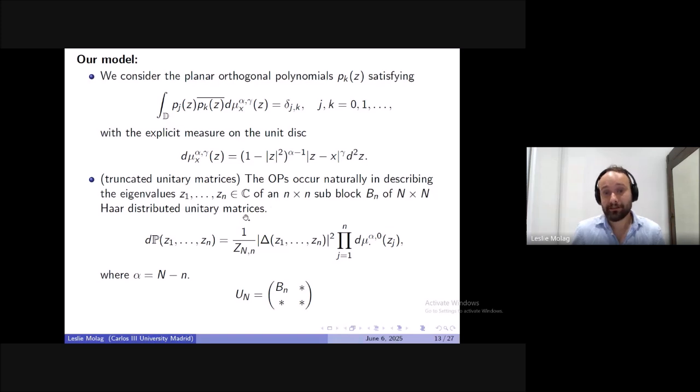For these types of random matrix models, we know that the eigenvalues live on the unit circle.